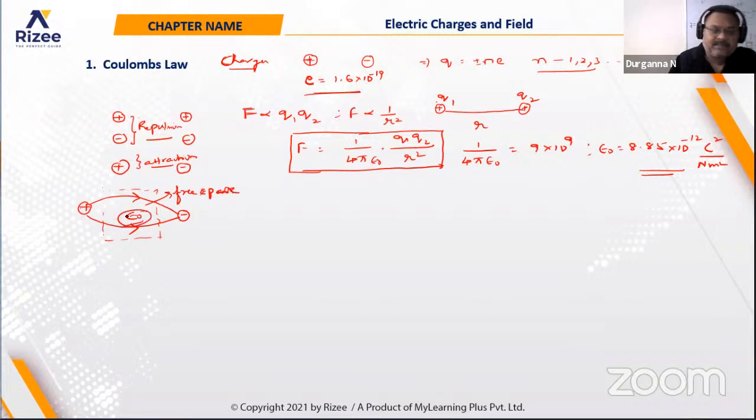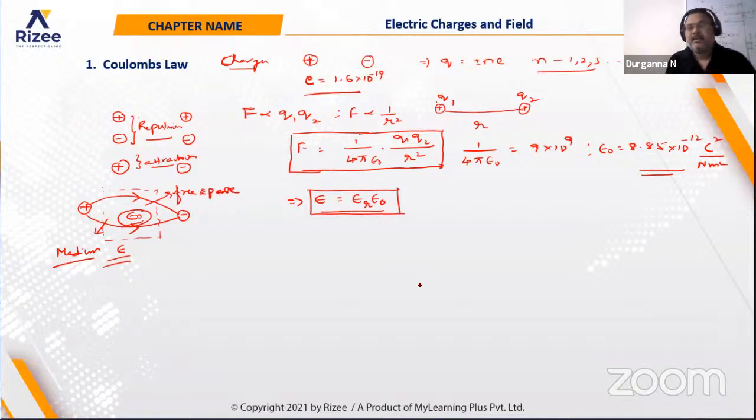Instead of free space, if any other medium is there, then instead of epsilon naught, you will write epsilon. And the value for that medium can be obtained by epsilon equal to relative permittivity into epsilon naught, where relative permittivity is also called the dielectric constant.